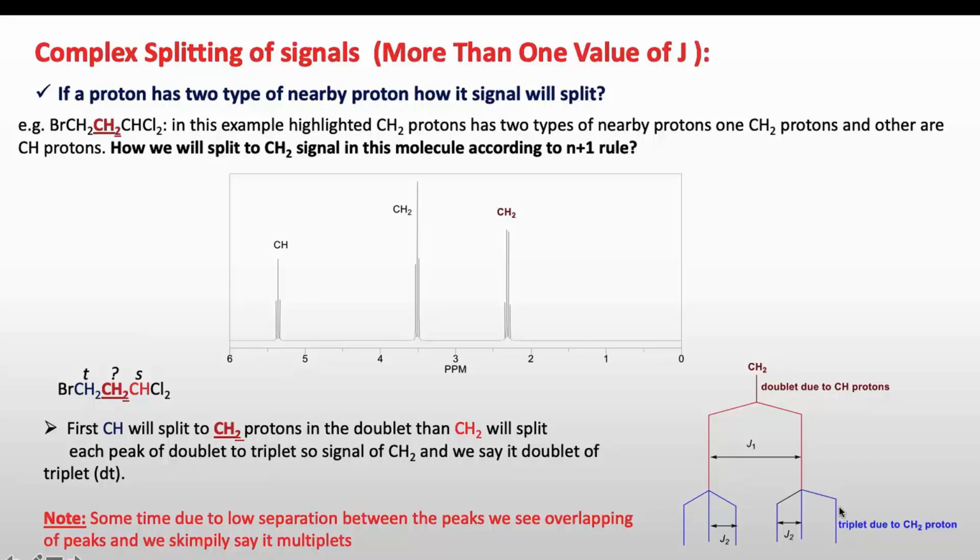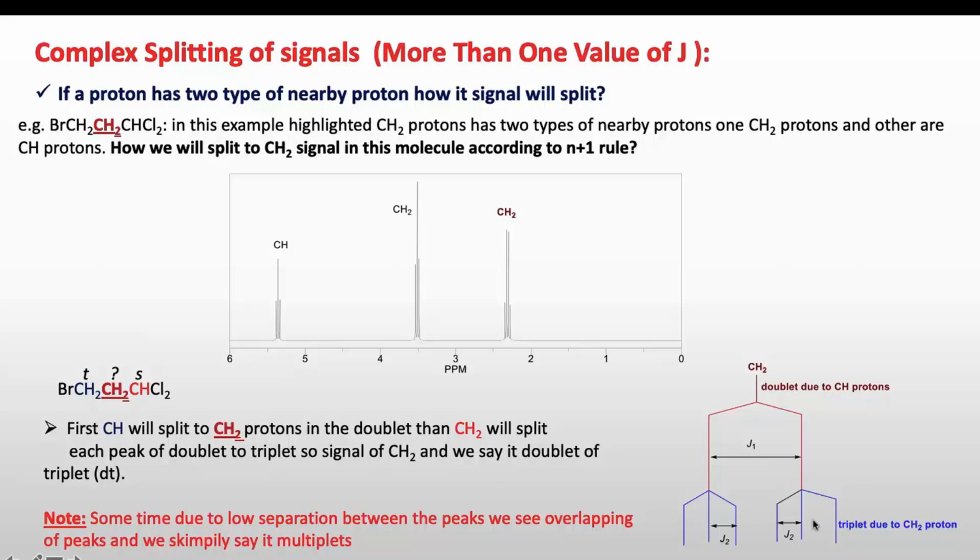So finally there will be two J values. This will be the J1 value due to CH splitting, and this will be the J2 value due to CH2 splitting. It doesn't matter whether we first consider this CH2 or the CH proton. We can also take CH2 splitting first, followed by CH coupling. So in this case we are getting a doublet of triplets.